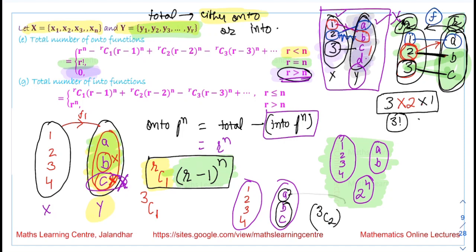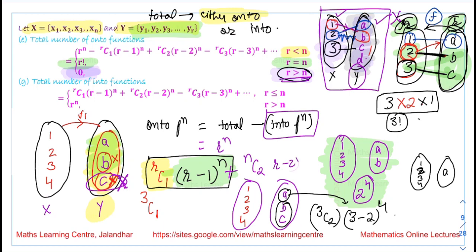How many elements are left now? 3 minus 2 elements are left. We have 1, 2, 3, 4 and we are left with element A, and the number of functions that can be formed will be 3 minus 2 raised to the power 4. It means we are talking about plus nC2 times r minus 2 raised to the power n.